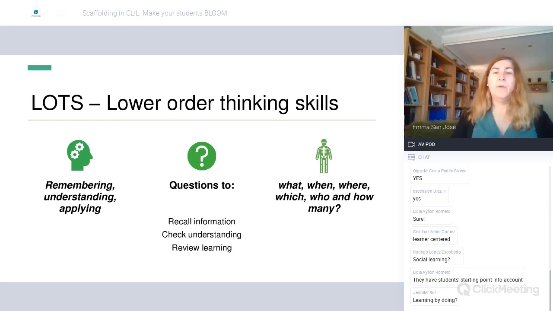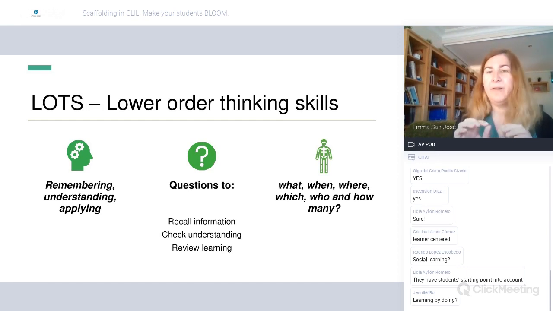We will do activities to recall information, like what is the name of, when did this happen, where can you find this, okay? To check understanding, like, for example, this is what we have done, now where can you find it in a different place, right? And we're going to use them to review learning.